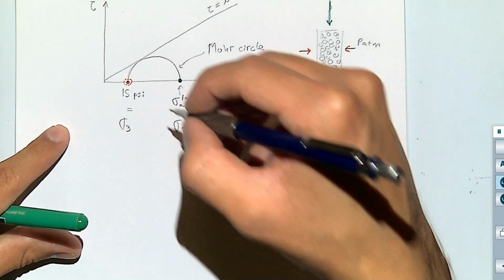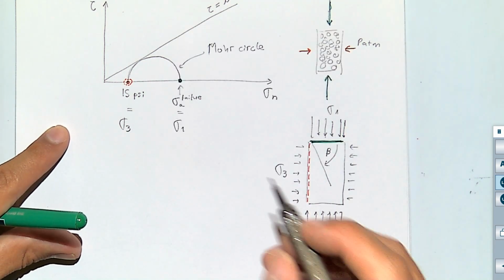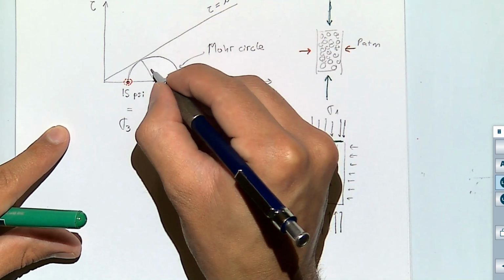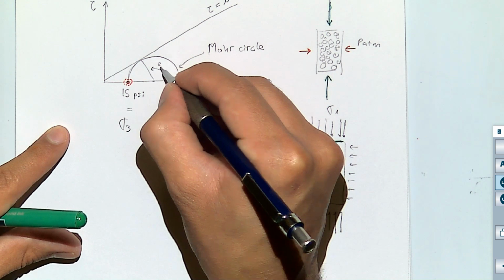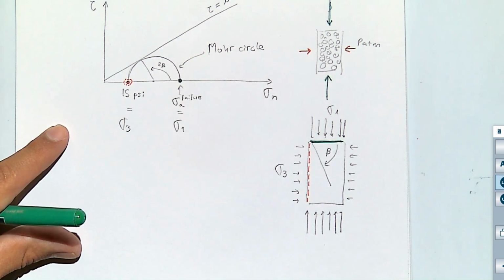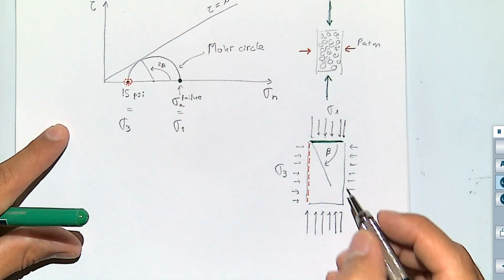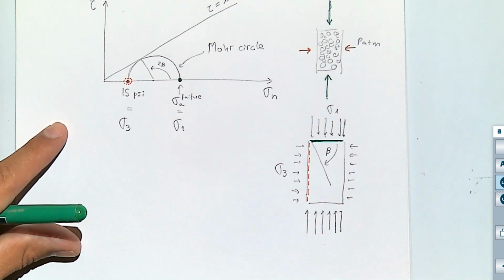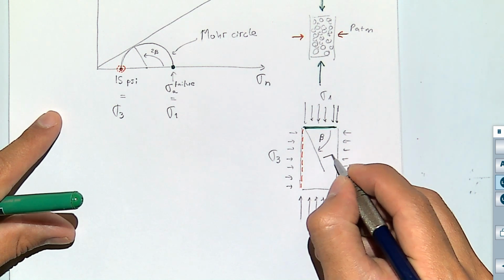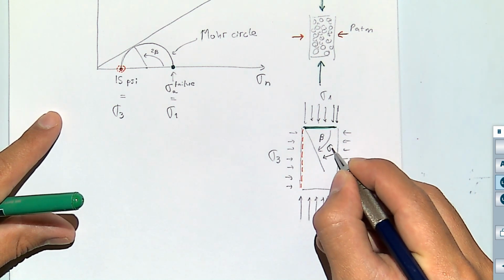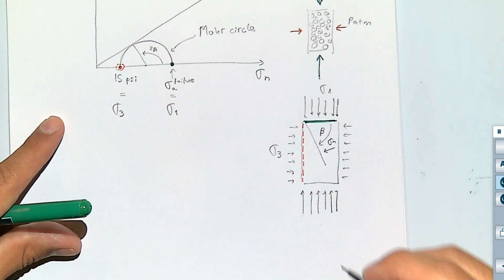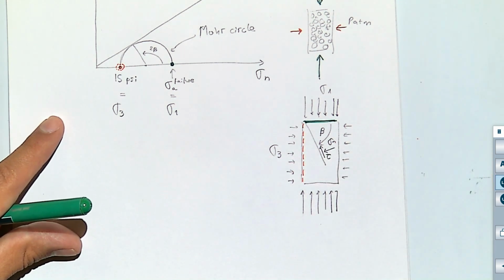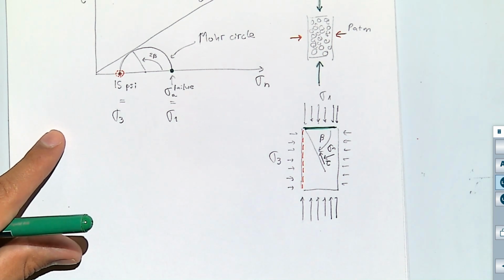So in the Mohr circle, if I want to draw this angle beta, I'm going to go from the center, and this is going to be 2 beta. And at any plane, what I try to solve with the Mohr circle is what is the normal stress perpendicular to that plane, and what is the shear stress parallel to that plane.